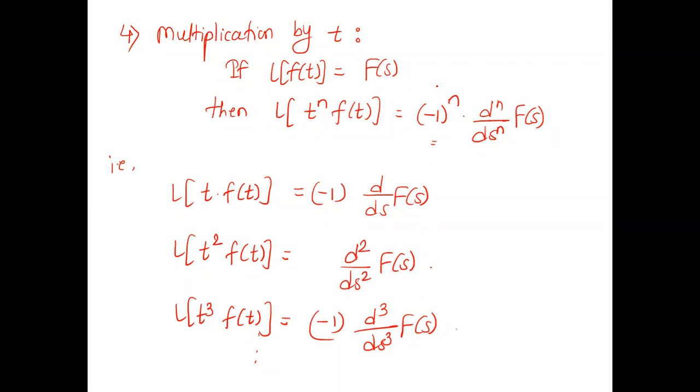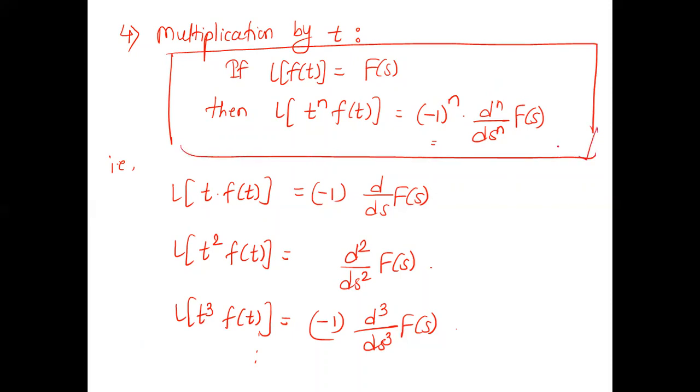Please remember, this is the property. Can I go to the question? So you will remember, if it is multiplied by t, you have to take the derivative on the other side. Multiplication by t is derivative.